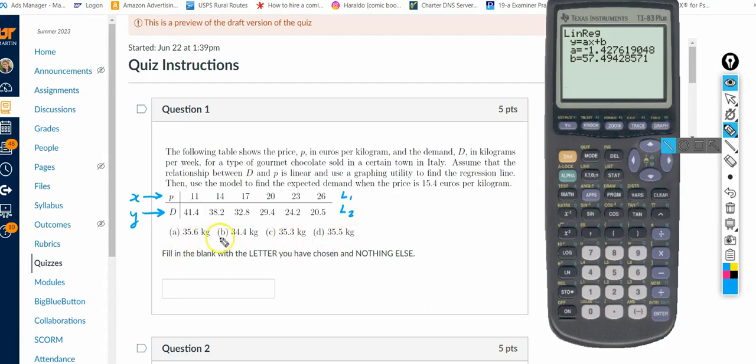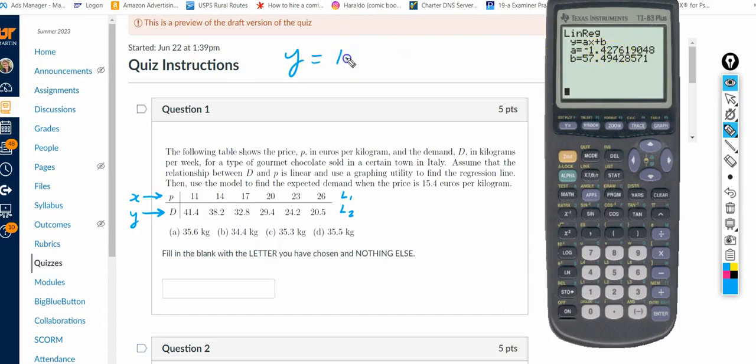Just because the answers are given to 1 decimal place, we're going to be rounding to 1 decimal place at the end. If you round to 1 decimal place now with your formula, you are introducing rounding error and your answer won't be correct. So for this Y equals AX plus B, I'm going to take A and B to 4 decimal places.